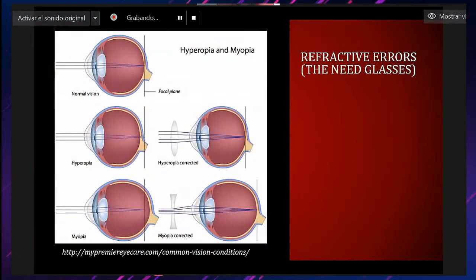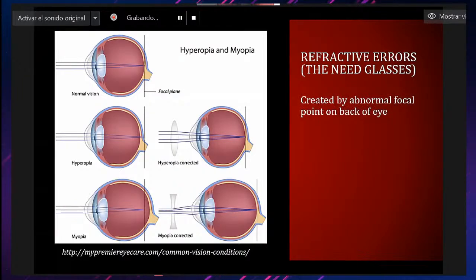So the first thing I'd like to go over is prescription errors in the eyes. Why do people need glasses in general, not just an individual with Marfan syndrome? What makes someone need glasses? Well, it has to do with the focal point on the back of the eye.